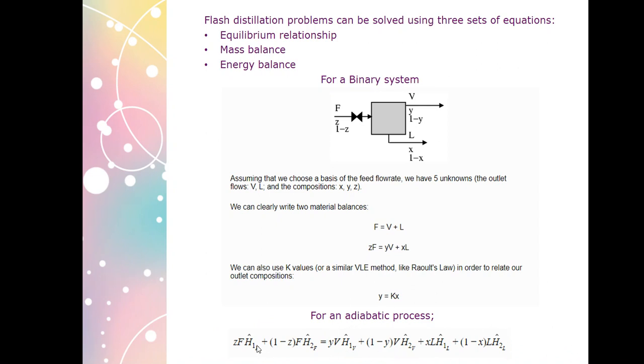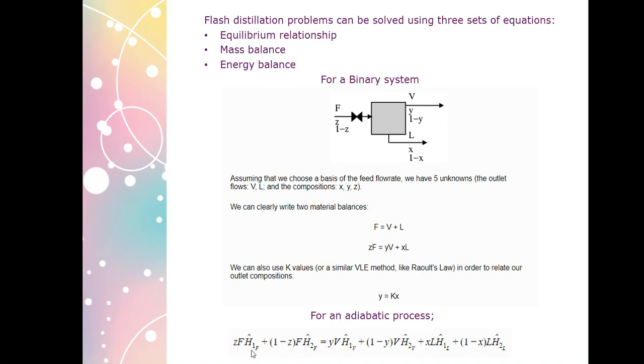So in this case, it's simply telling you that this is the energy content of component A in the feed because it has Z. And this is the energy content in terms of enthalpy. By the way, all are enthalpies of component B. Why do I say component B? Because it's already 1 minus Z. So this is the enthalpy content of component B in the feed.